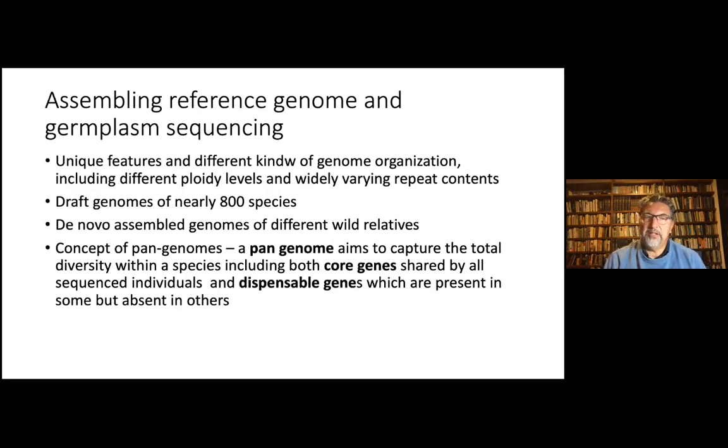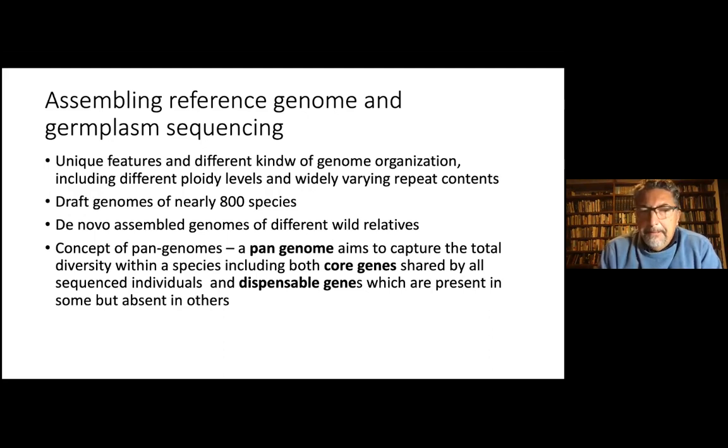It means that if you sequence 3,000 rice genotypes, the core genes will be present in every single one of them. But around maybe 5 to 10% of the genes will be present in some genotypes and not in others. And these are called the dispensable genes.